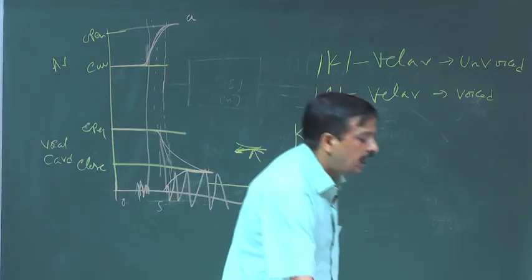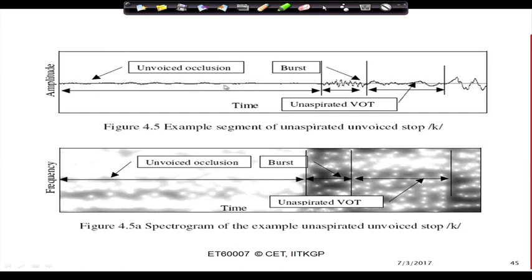Okay. So, here if you see, totally unvoiced, totally nothing, no signal is there: occlusion. Then there is a burst, then there is a gap between the articulator opening and vocal cord closing. So, that is called VOT, voice onset time.